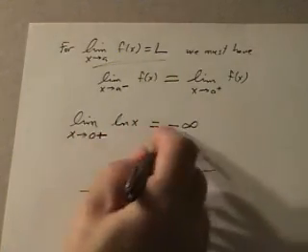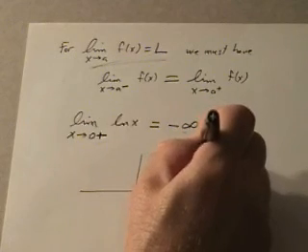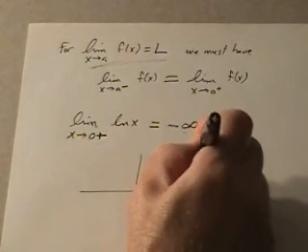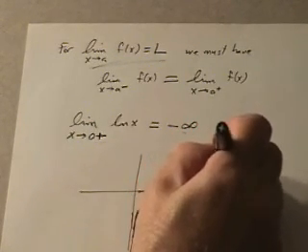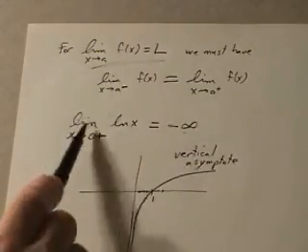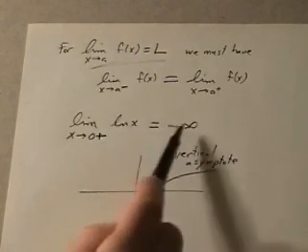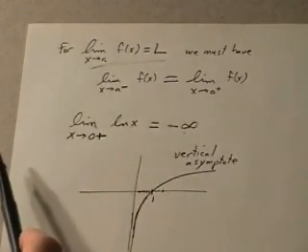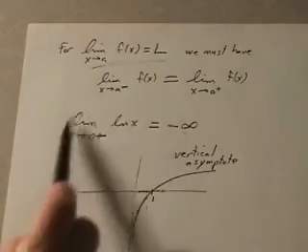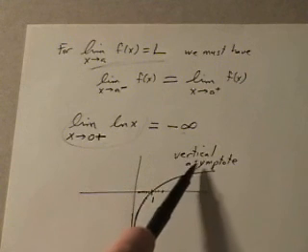And this is in fact what we mean by a vertical asymptote. A vertical asymptote occurs exactly when you get this infinite limit going on. If you don't have an infinite limit, there is no vertical asymptote. So it's not until we can talk about limits that vertical asymptotes really mean something.